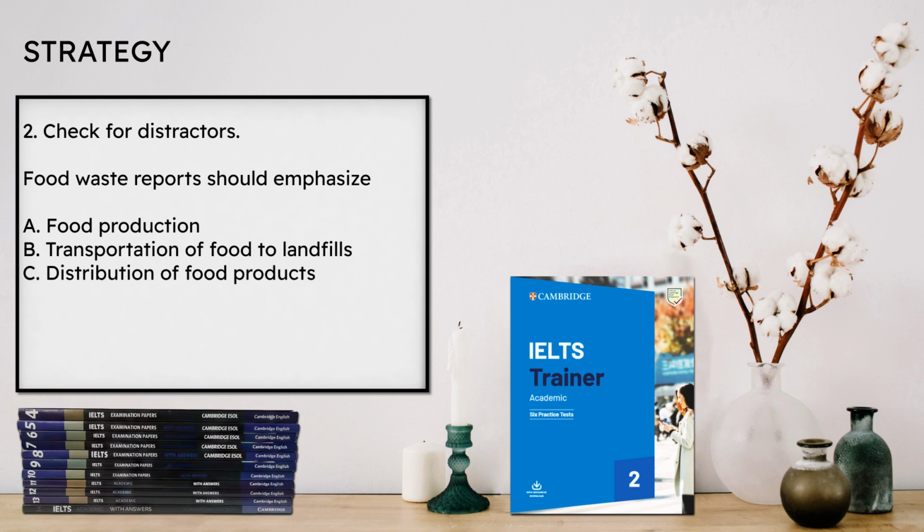Let's look at another example. This question says, food waste reports should emphasize, and then our answers are A, food production, B, transportation of food to landfills, C, distribution of food products. The word food is used in all three answers, and food production in answer A and food products in answer C sound very similar.